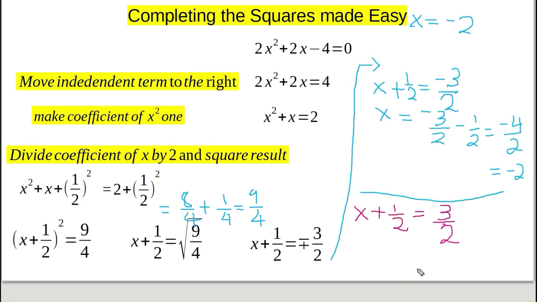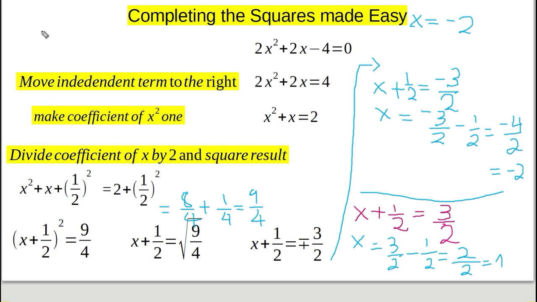Now let's resolve for the other value of x. We have x is equal to 3/2. The half crosses the equal sign, it becomes minus, so minus half. We end up with 3 minus 1 is 2, divided by 2 gives us 1.